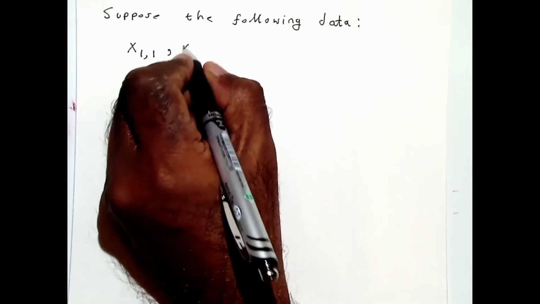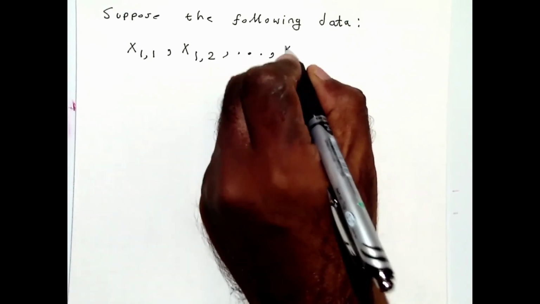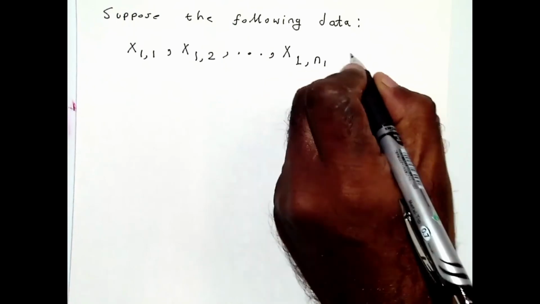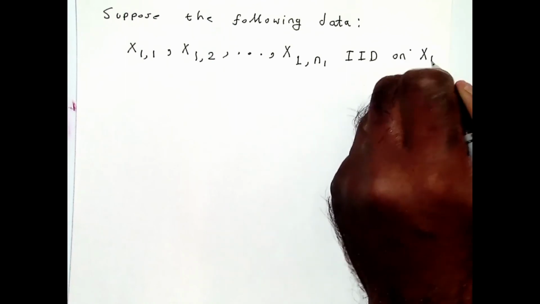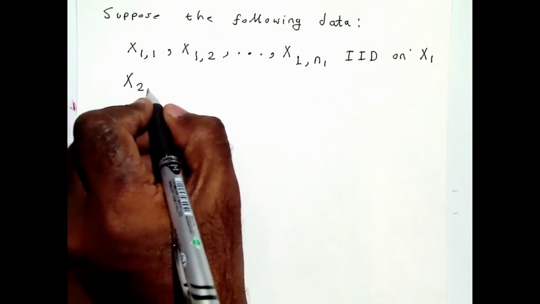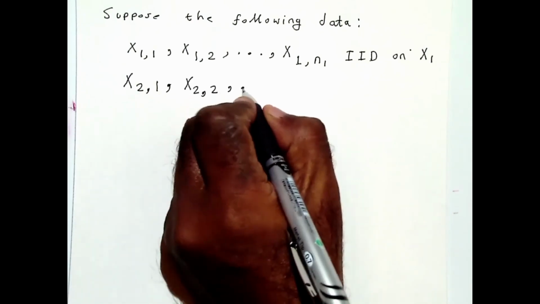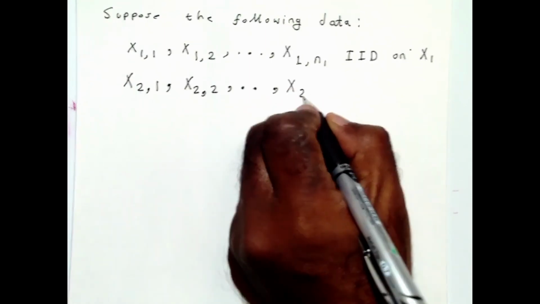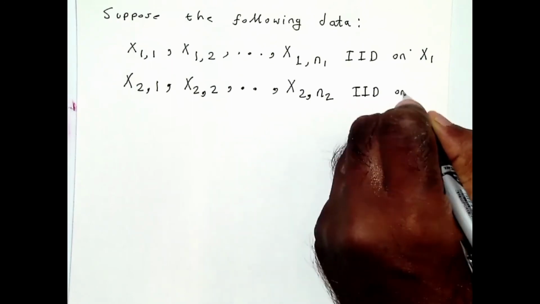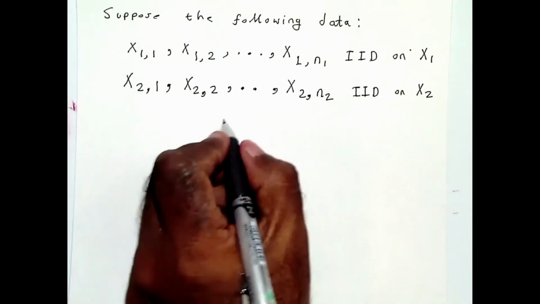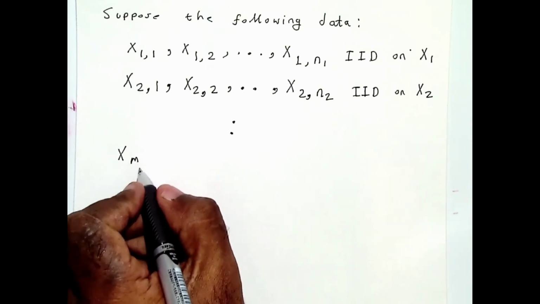So suppose the data on the losses on the first investment, x1, are these. And suppose the data on the losses on the second investment are these, and so on until you have m investments.